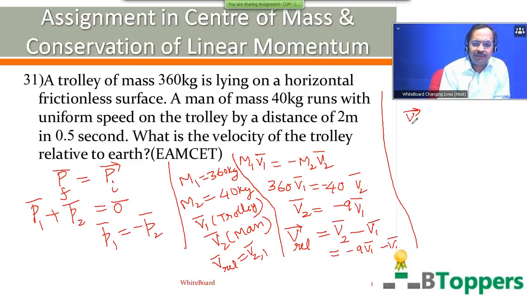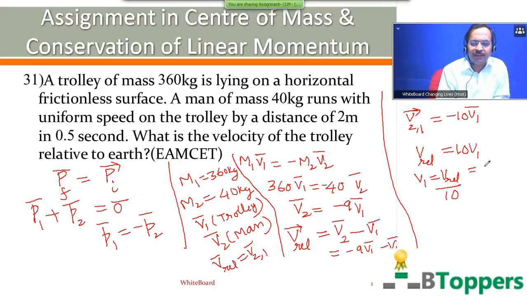So the relative velocity of the man with respect to the trolley is equal to minus 10 V1 bar. If we take magnitudes here, the magnitude of the relative velocity of the man with respect to the trolley is equal to 10 V1. So V1 can be written as the magnitude of the relative velocity divided by 10.